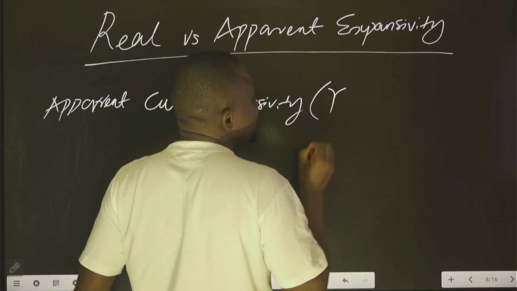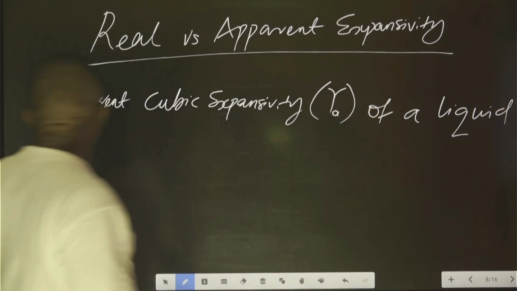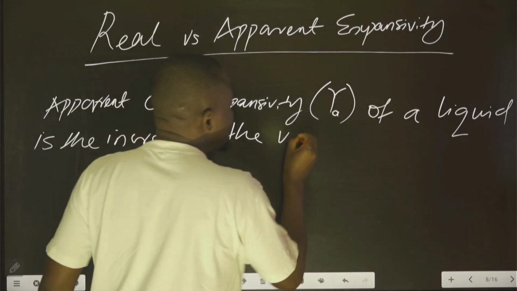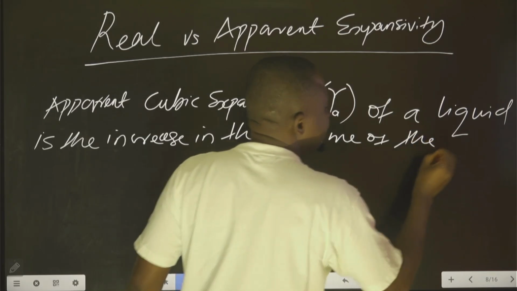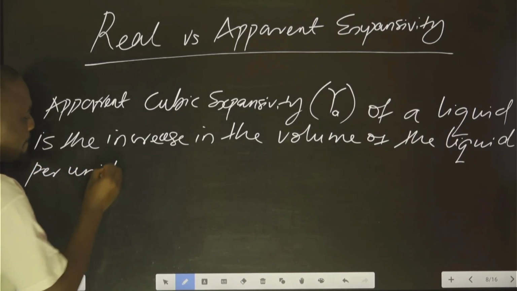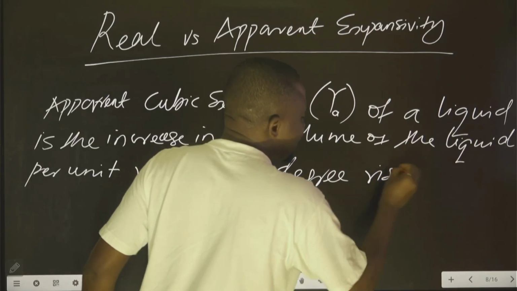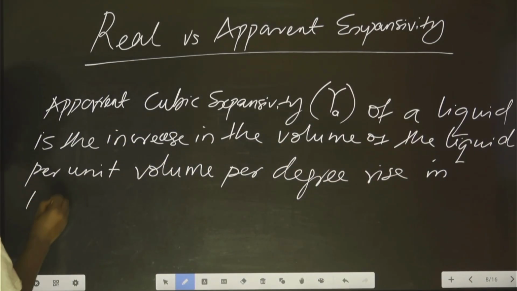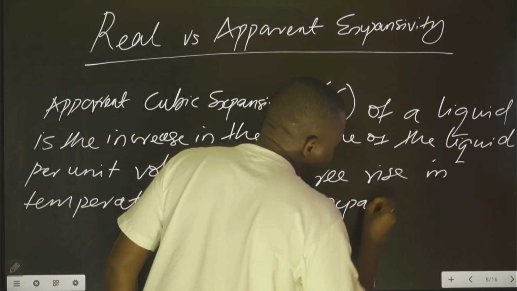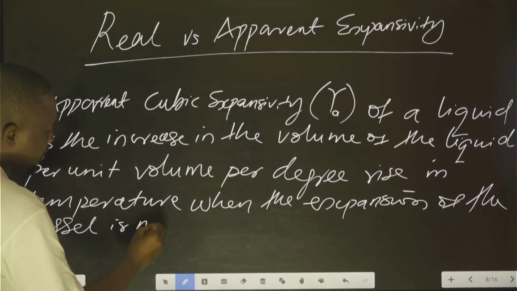So apparent cubic expansivity, which we represent as this, we put A of a liquid, is the increase in the volume of the liquid per unit volume per degree rise in temperature, when the expansion of the vessel is not considered.